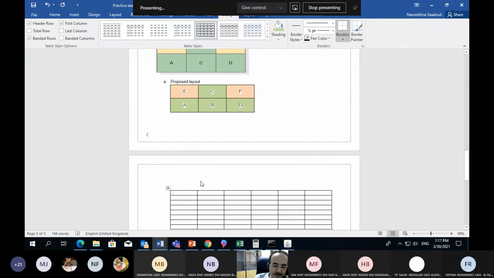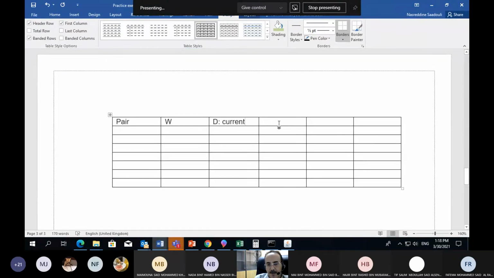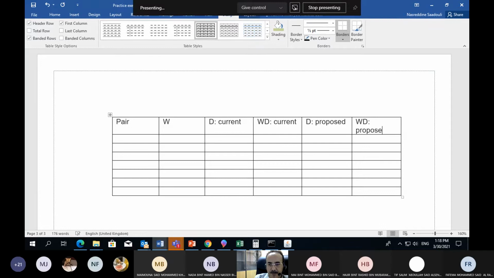For the rows, we have the pair, the closeness factor, which is W, the distance for the current layout, then W times D for the current layout, then the distance for the proposed layout, and WD for the proposed layout. Okay, this is what we should do.